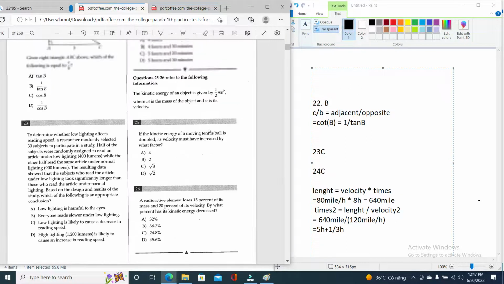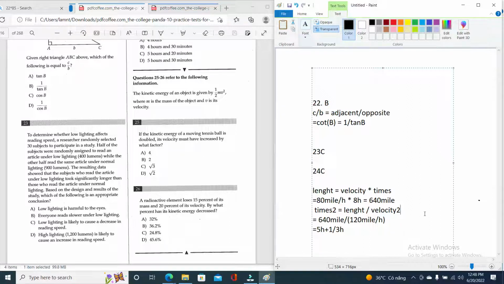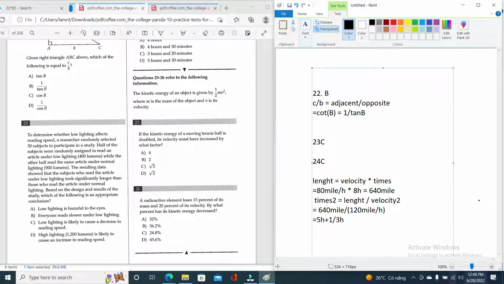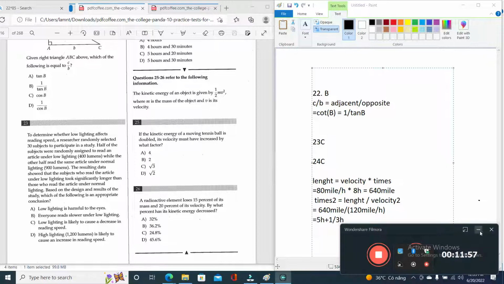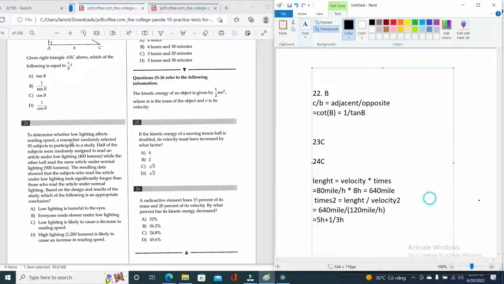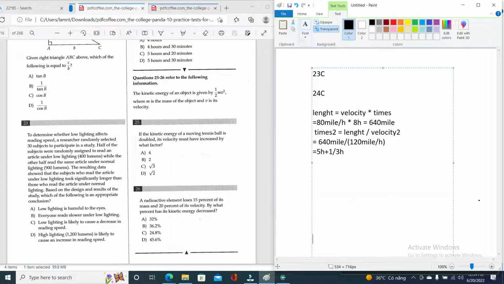Also 25 and 26. Okay, so let's do numbers 25 and 26 both. We are given the formula for the kinetic energy of an object, right? So let's write it down.